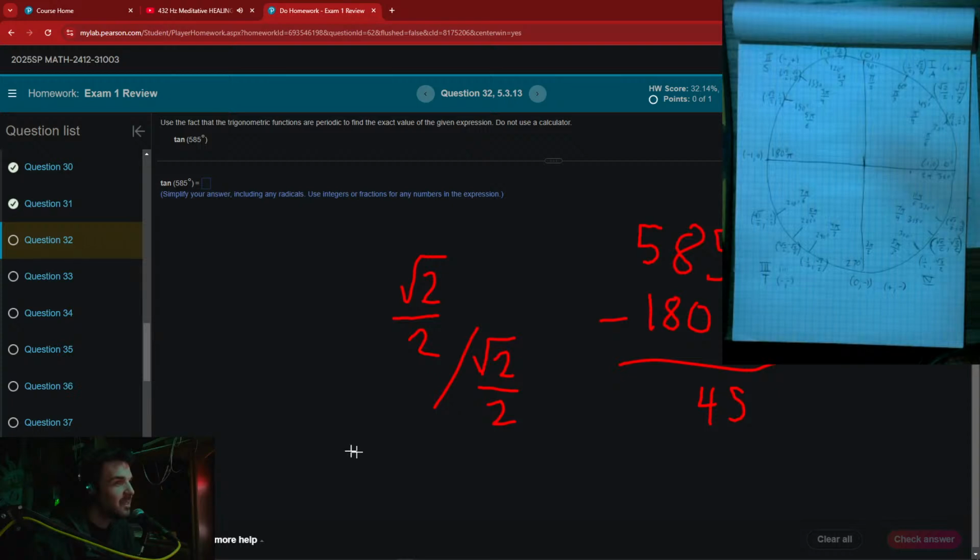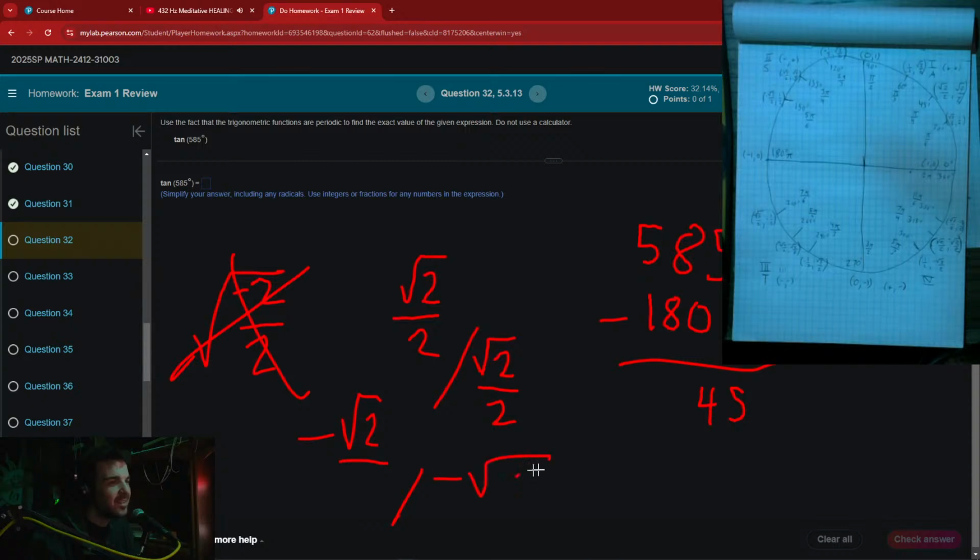If we were to do the same thing in the third quadrant, say the answer was 225 degrees instead of 45, we get negative square root of 2 over 2 divided by negative square root of 2 over 2. The negatives just cancel each other out, so we're left with this anyway.